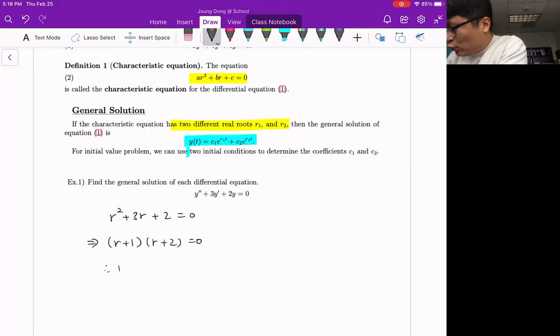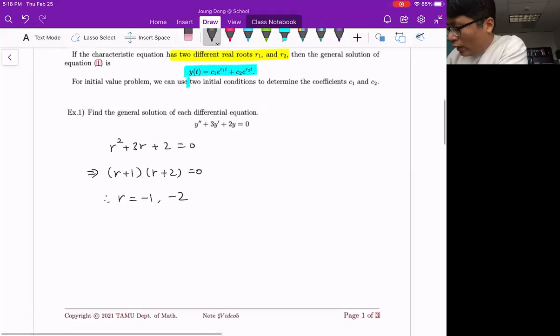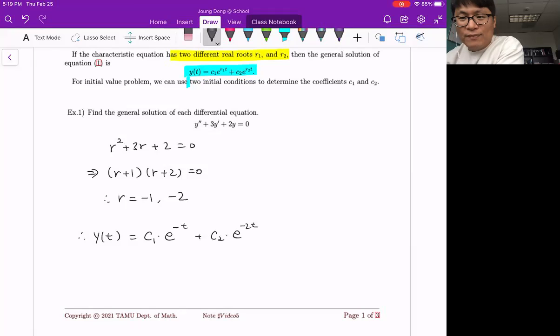So we have two different real roots, minus 1 and minus 2. And that's it. Then you can write the general solution for this differential equation, which is y(t) equal to c1 e to the minus t plus c2 e to the minus 2t. That's it. If it is an initial condition problem, then you can find c1 and c2.